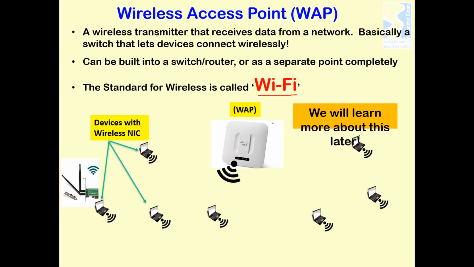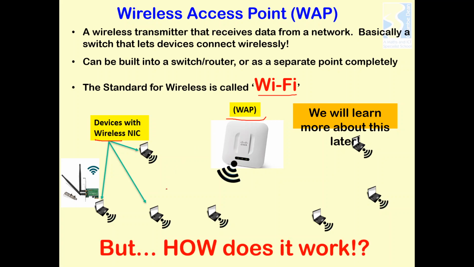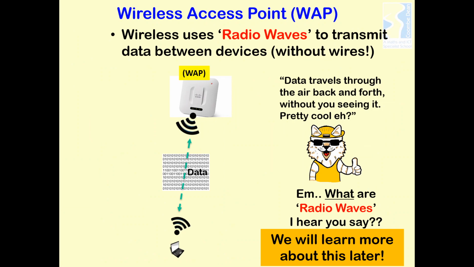Every device needs a network interface card with wireless, and it connects to the WAP, the wireless access point, transmitting data wirelessly using Wi-Fi. Remember, data is sent through the air using radio waves and the Wi-Fi protocol.